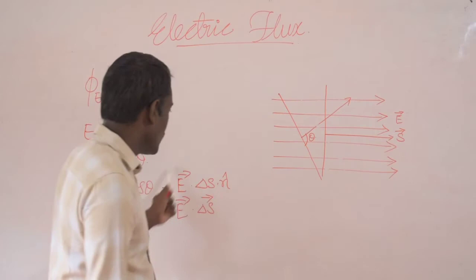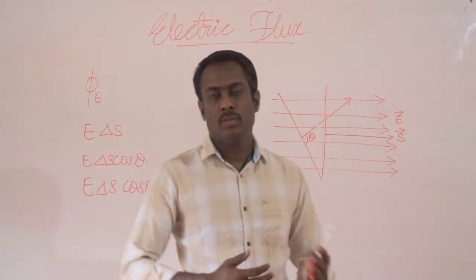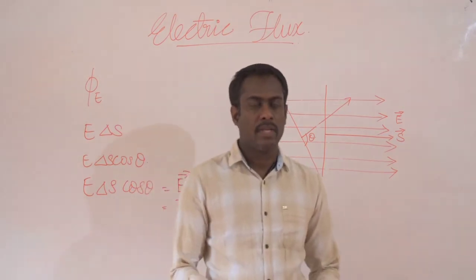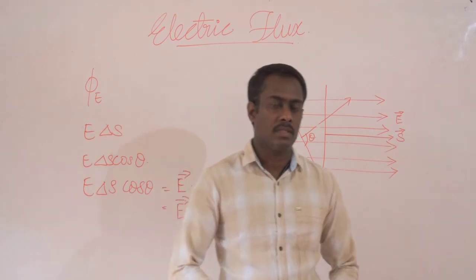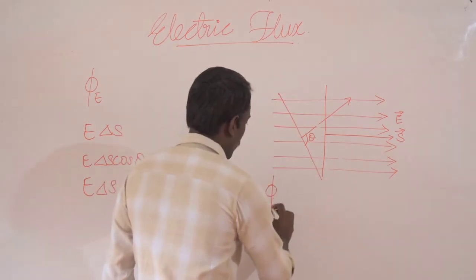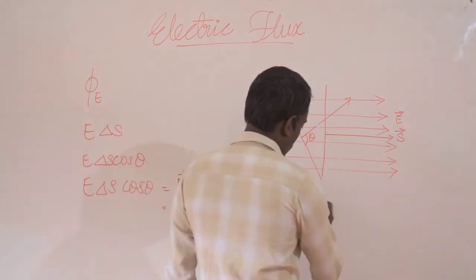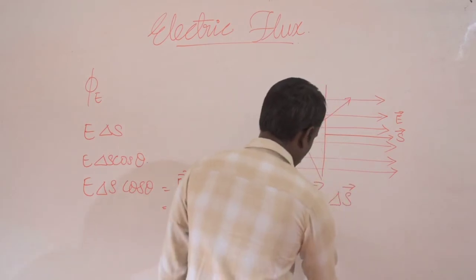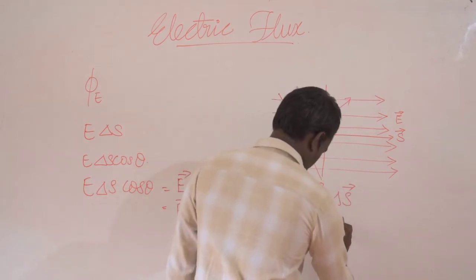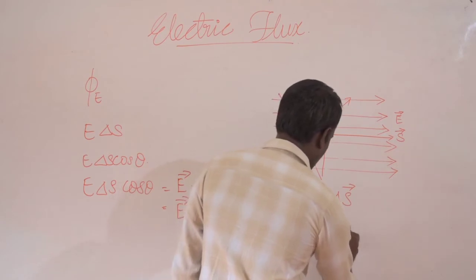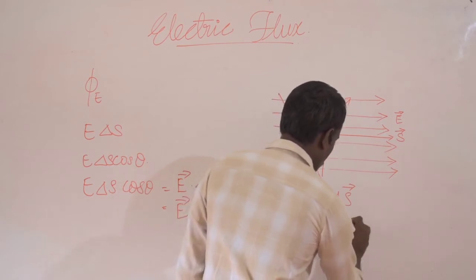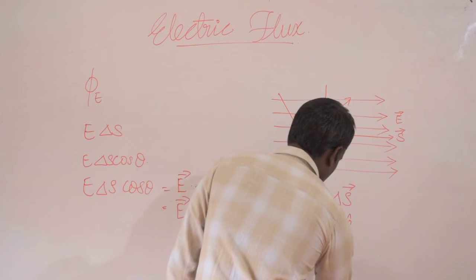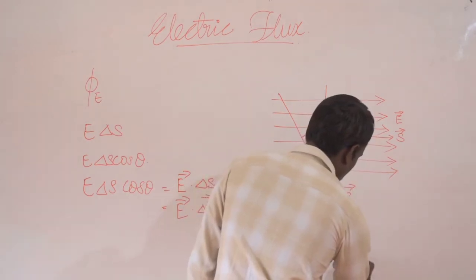On the basis of this discussion, now we come to the quantitative calculation of electric flux. Now we define the electric flux through a surface as delta phi E is equal to E dot delta S, that is equal to E dot delta S n, that is equal to E delta S cos theta.